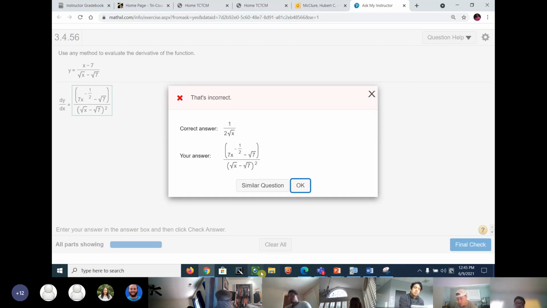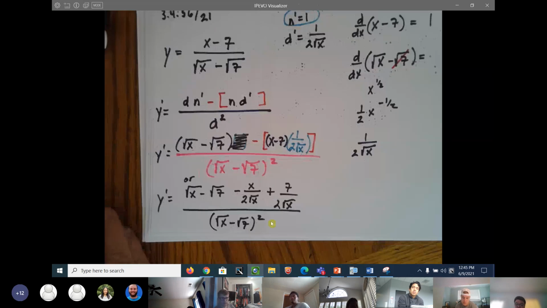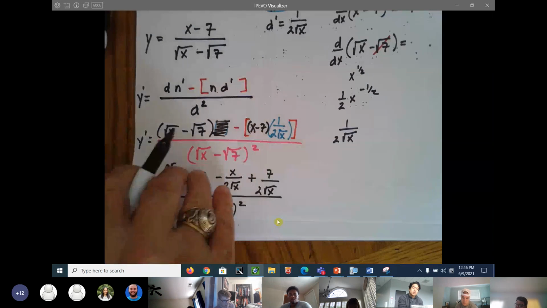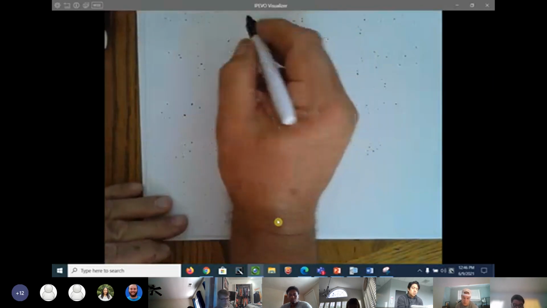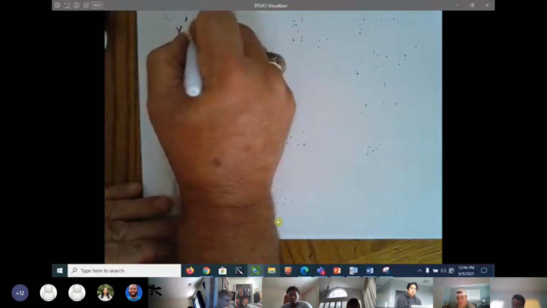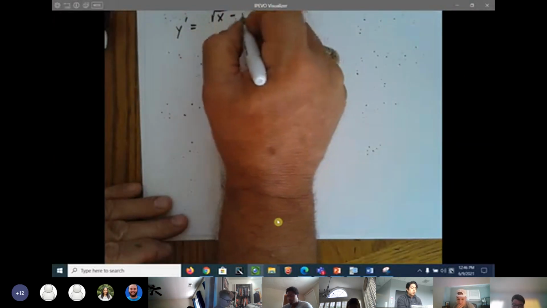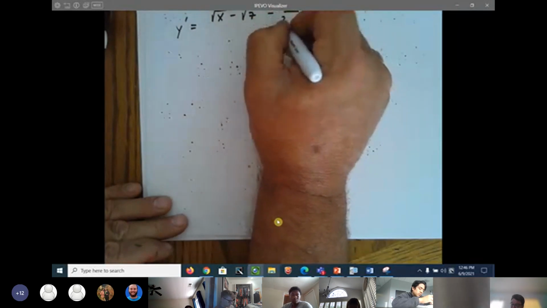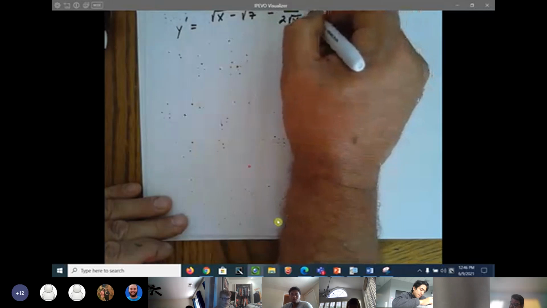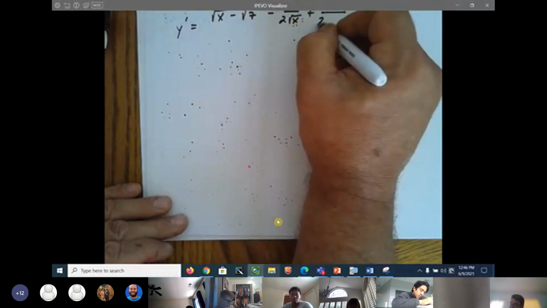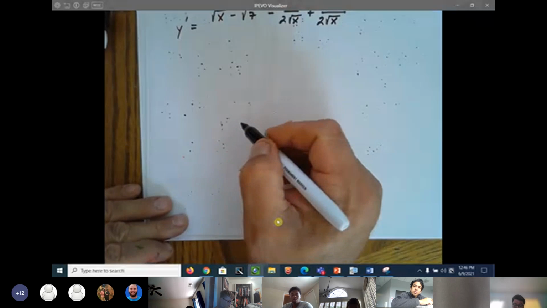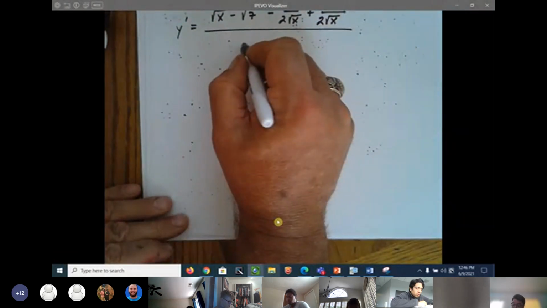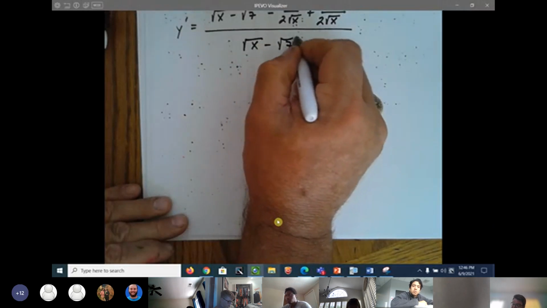Let's see, we could do shortcut number 2 on the bottom here. I'm going to put y prime is equal to the square root of x minus square root of 7 minus x over 2 square root of x plus 7 over 2 square root of x, and I'm going to put that over square root of x minus square root of 7 squared.